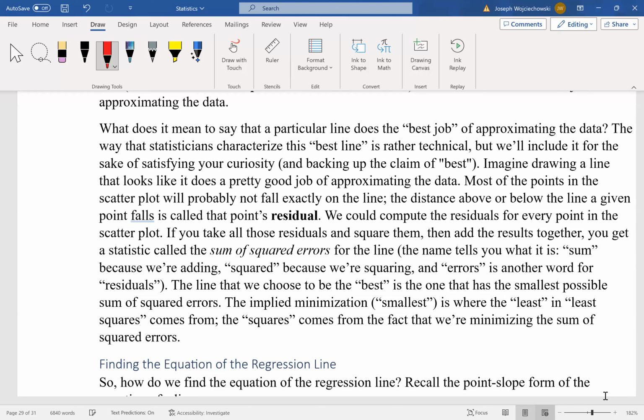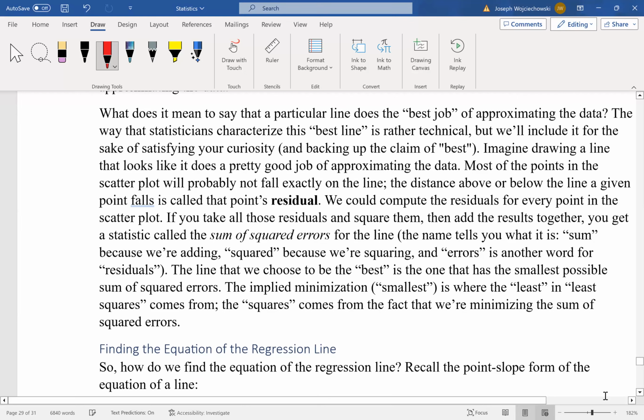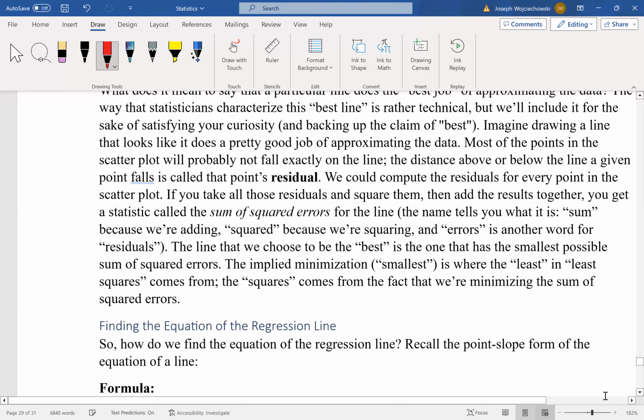Most of the points in the scatter plot will probably not fall exactly on the line. The distance above or below the line a given point falls is called the point's residual. We would compute the residuals for every point in the scatter plot.